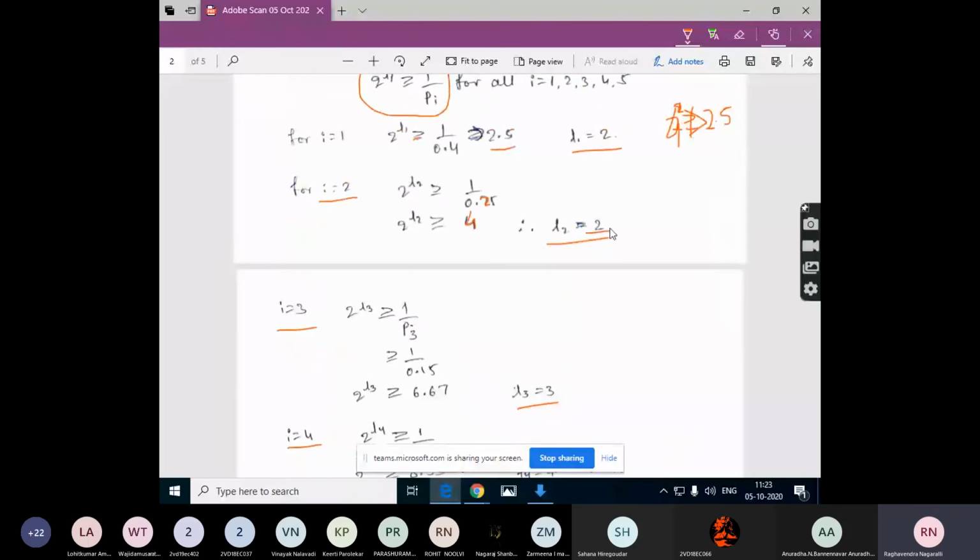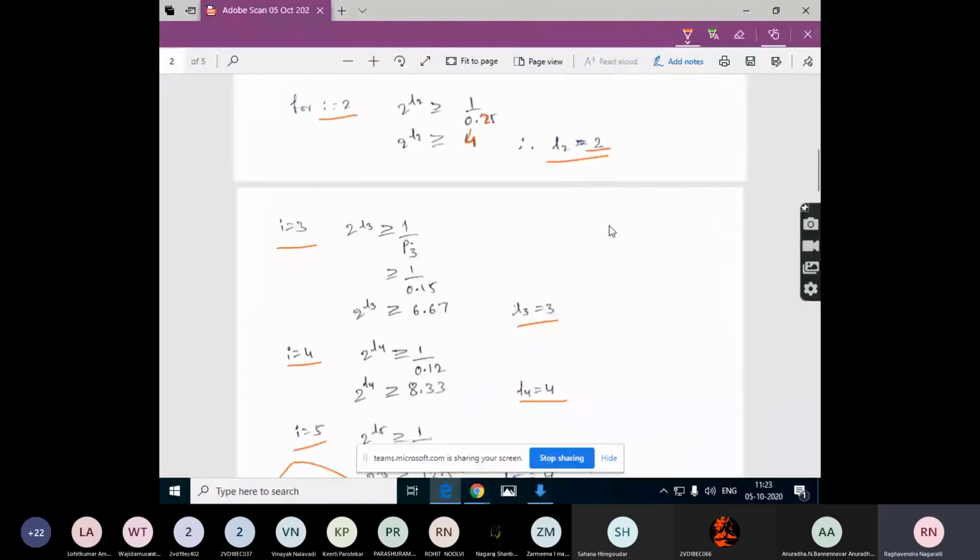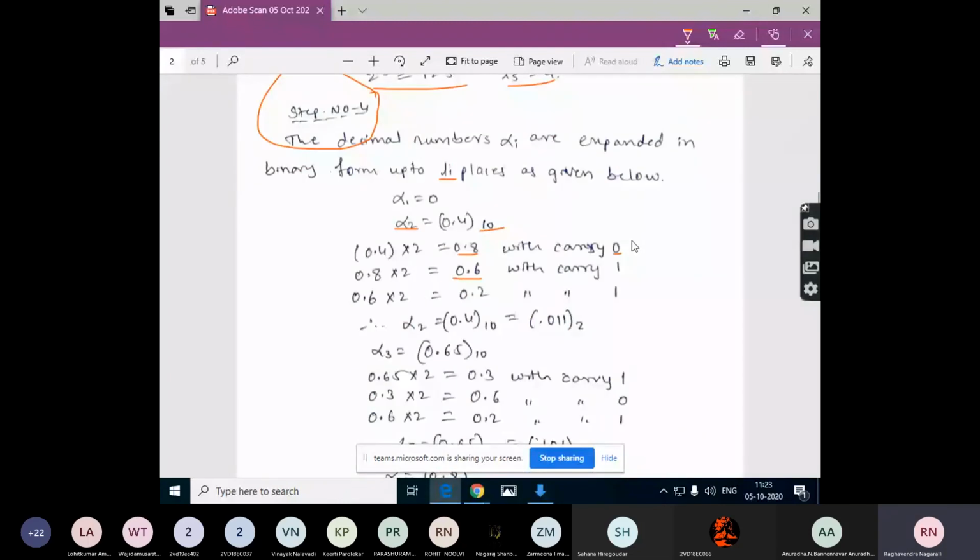We need the expansion only for 2 places, and here we have calculated 3 places, so let's stop here. In the previous class example, we continued this expansion until we got a 0 value, right? We were expanding this decimal to binary up to 0.